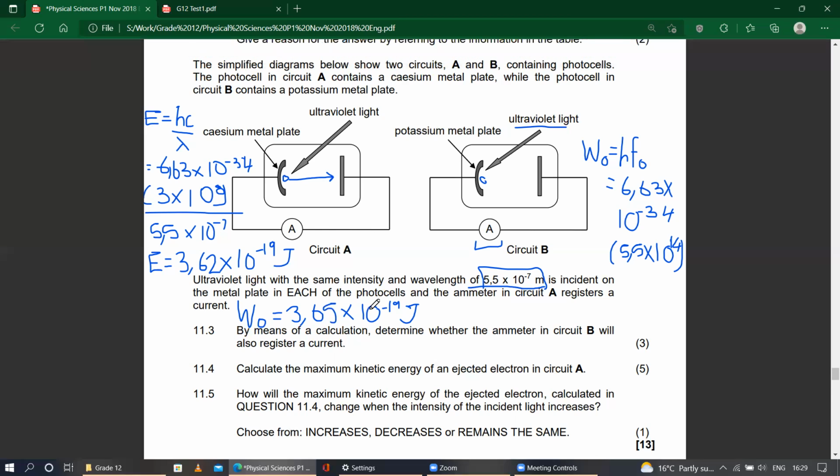You can see that the UV light doesn't provide enough energy for an electron to jump out of the potassium metal, because 3.62 is less than 3.65. So according to this information, the energy provided by the light is less than our work function.